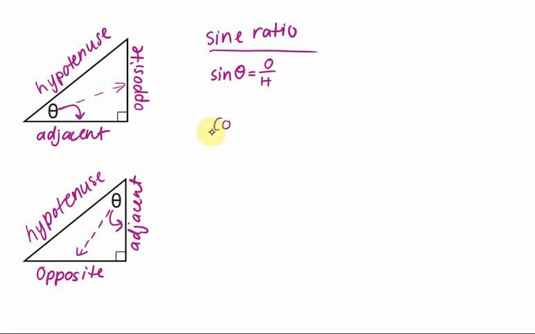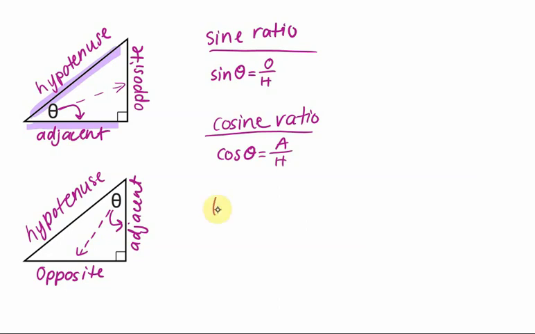Our second ratio is the cosine ratio. And the cosine ratio is abbreviated to cos. Cosine of theta. Cosine is the name of the ratio between the length of the adjacent side and the length of the hypotenuse. In our triangle, it's the length of the adjacent side and the hypotenuse that I've highlighted there in purple.